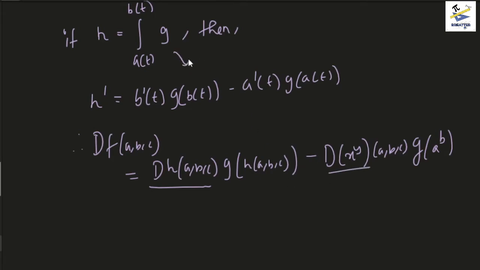And this rule directly follows from the fundamental theorem of integral calculus once again, because there exists some P such that P dash equals g for all x belonging to a of t comma b of t. So that's how we can find out this definition.